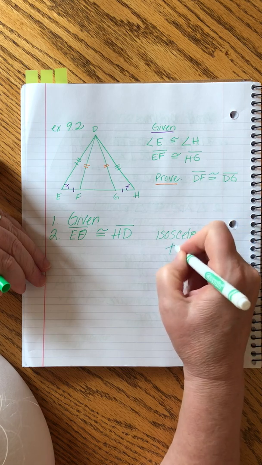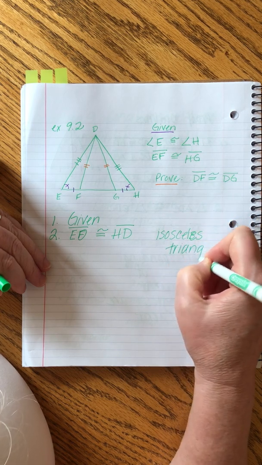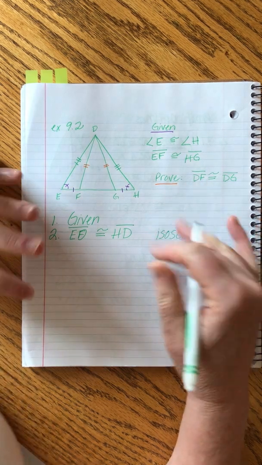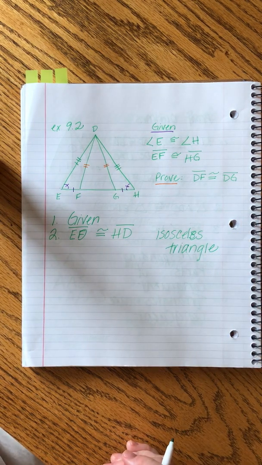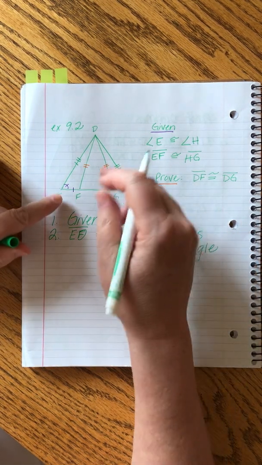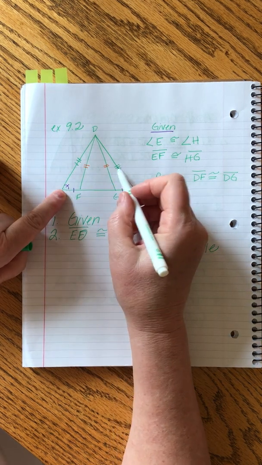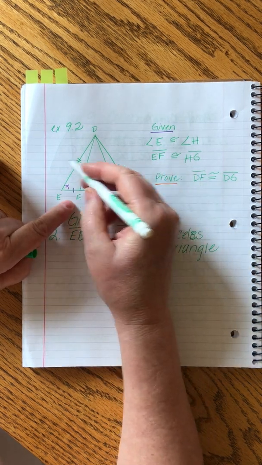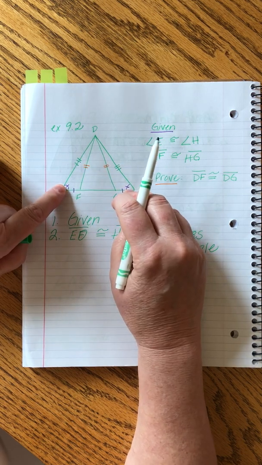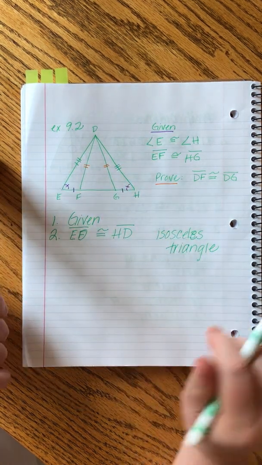Isosceles. And again, if this was a formal proof, we'd have to write this out in more of a fancy way. But I'm just making a note here that the reason I can say that these two sides are equal is because this one corresponds with that angle, this one corresponds with that angle, these two angles are the same, and so the sides have to be the same.